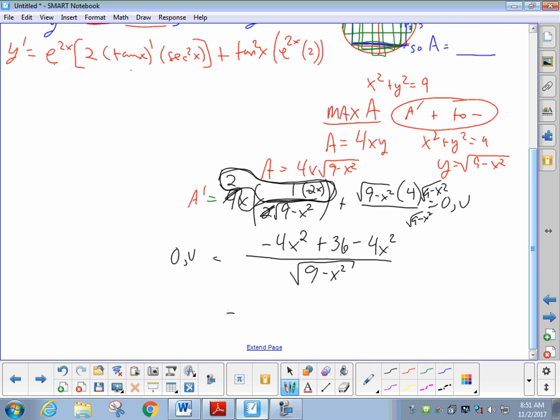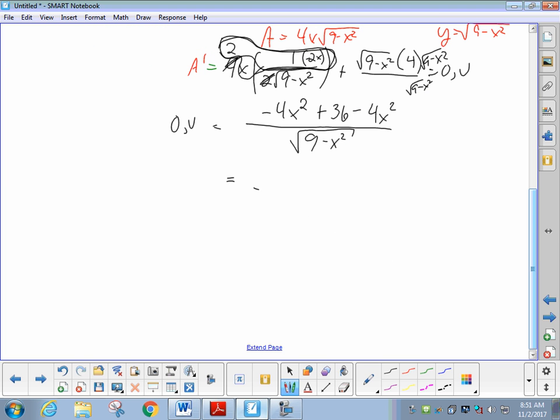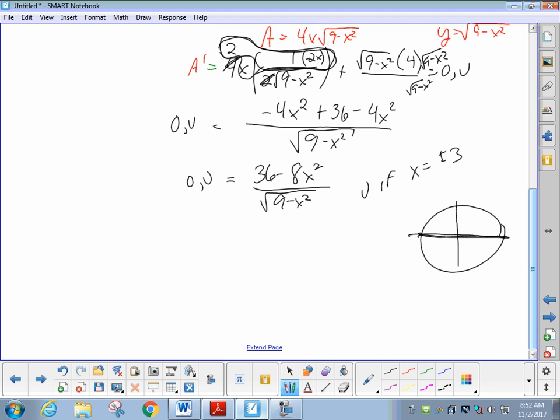Okay, now what? Here's where you participate in your education instead of just waiting for me to do everything for you, which gives you nothing. Combine like terms. Solve it. How do you solve it? A prime is undefined if the bottom is 0. So that would be plus or minus 3. That would imply that the rectangle is sitting right on the x-axis.